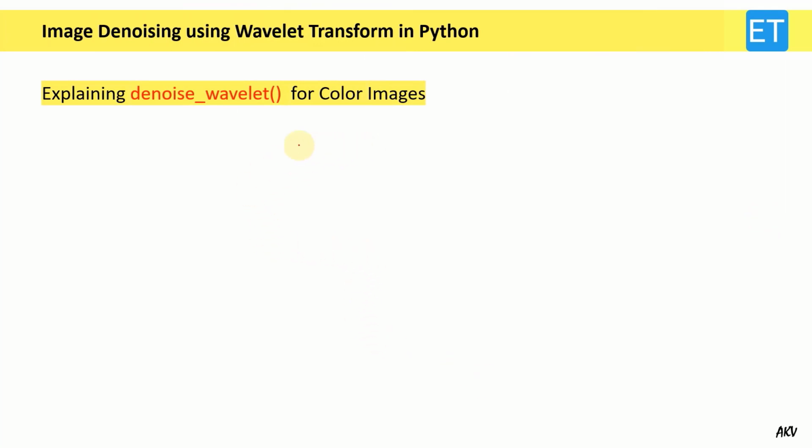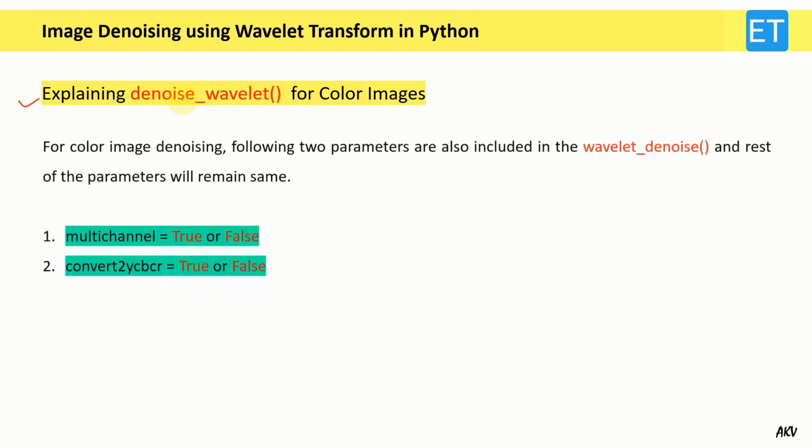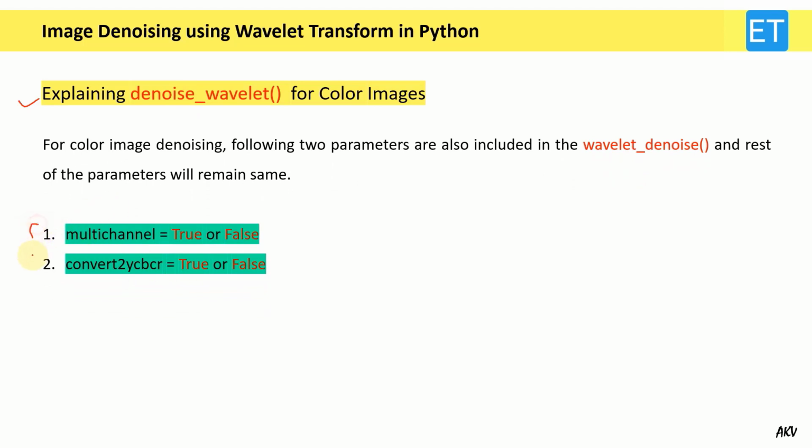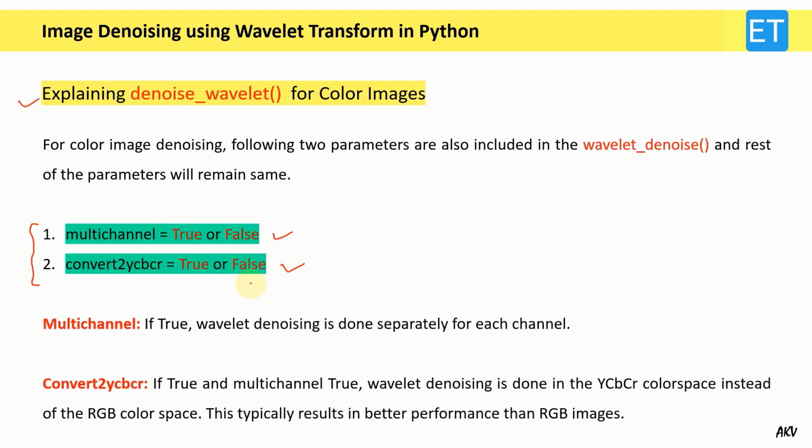And now let us do the denoising of color images with the same function. Everything will remain the same except that two more attributes will be included in the function. One is channel_axis or multichannel, which has the value true or false, and the second is convert2ycbcr, which also takes the value true or false.